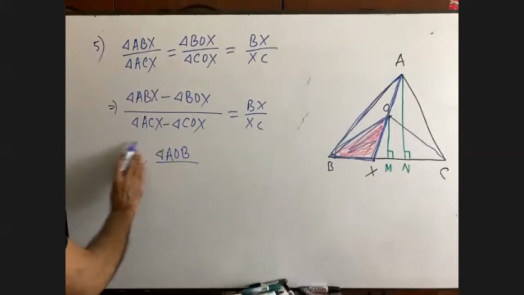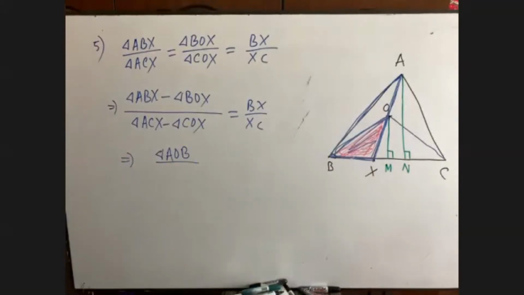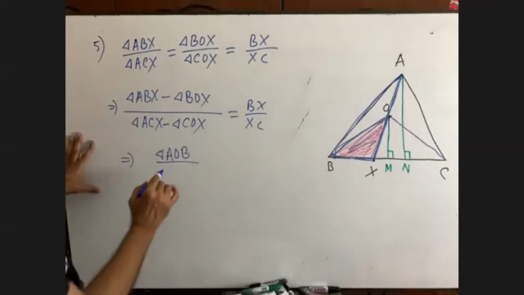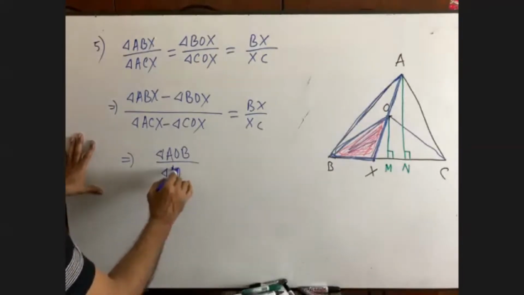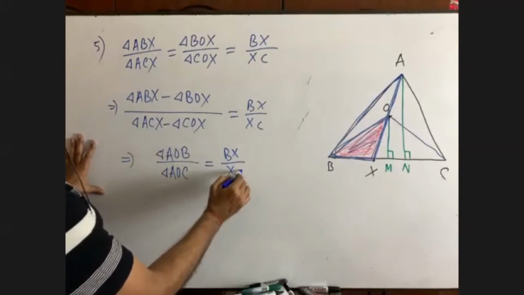And in the denominator, let me know, ACX. From ACX, we'll subtract COX. So we'll be left with AOC. AOC. You're right. Very good. So it is BX by XC.